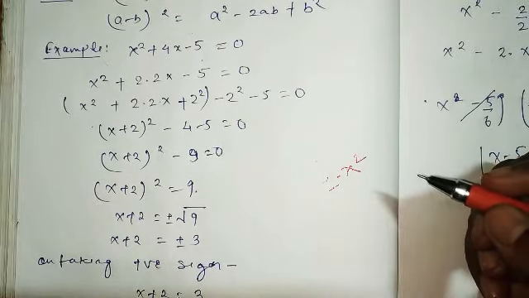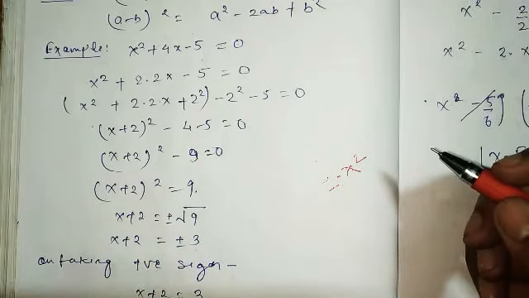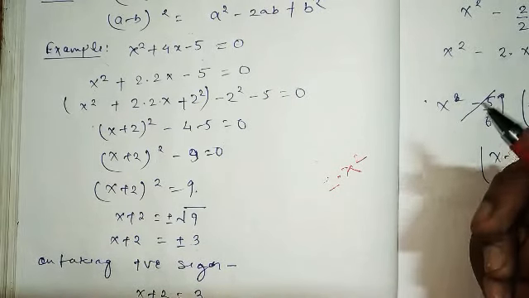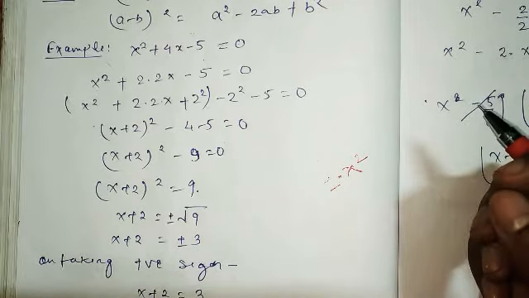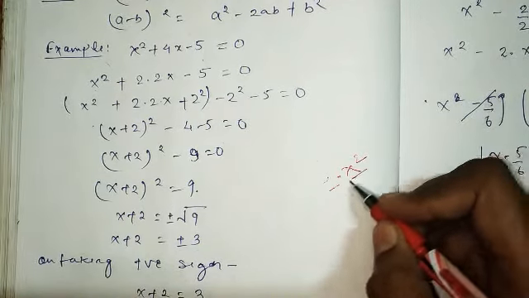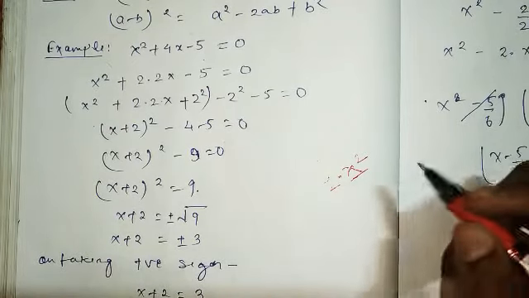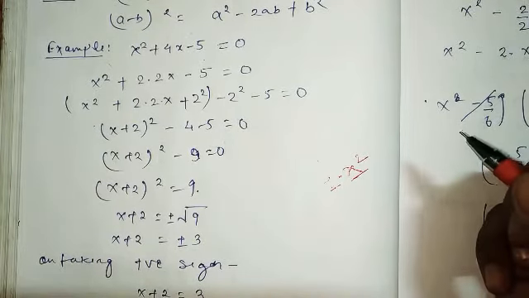When you are solving the question with the completing the square method, the coefficient of x square will always be 1.